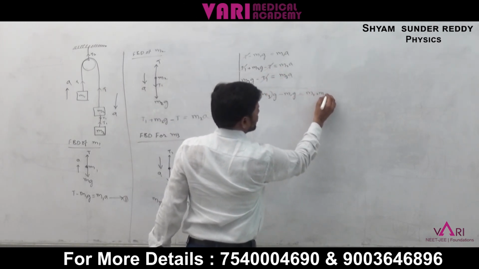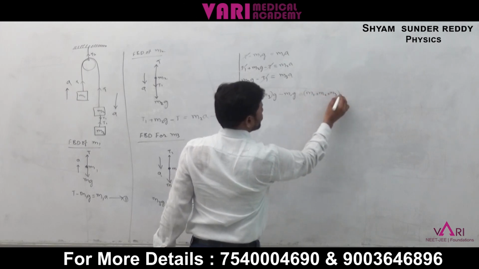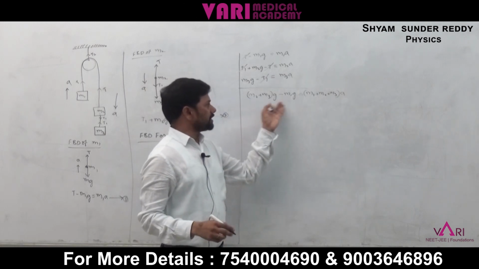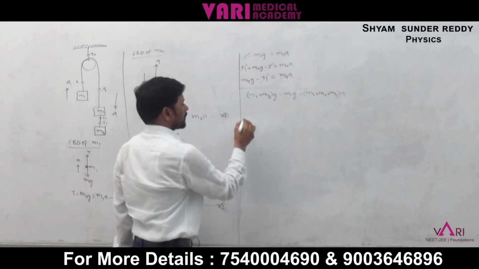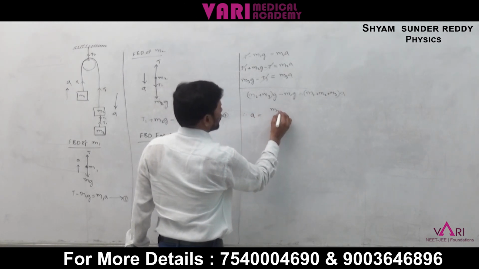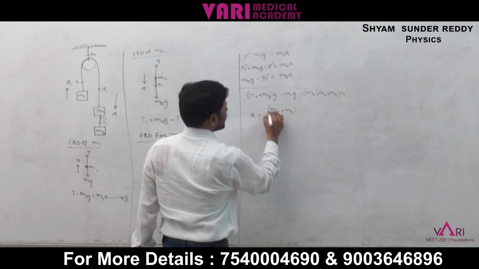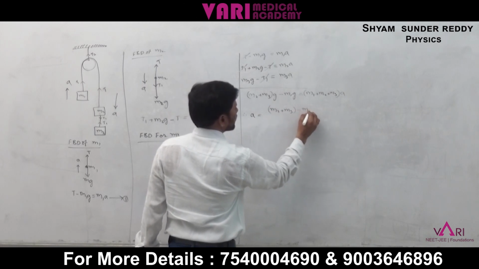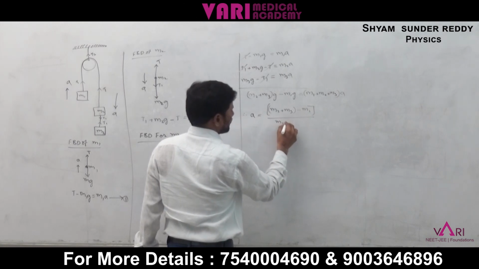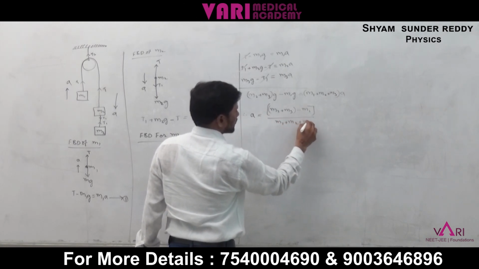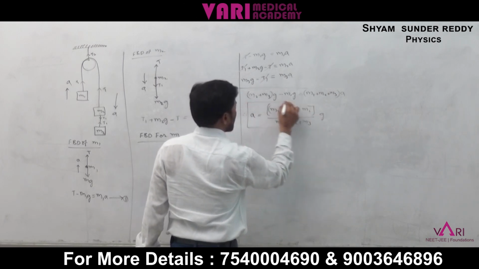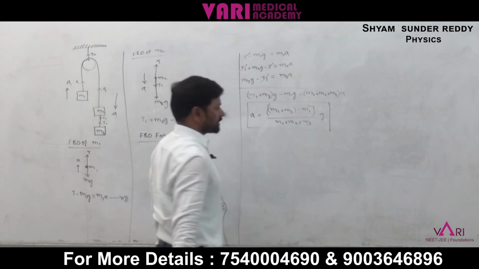Therefore, acceleration a is equal to (m2 plus m3 minus m1) divided by (m1 plus m2 plus m3) into g. This is the acceleration of the system.